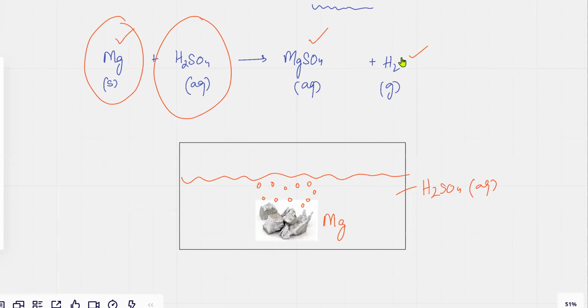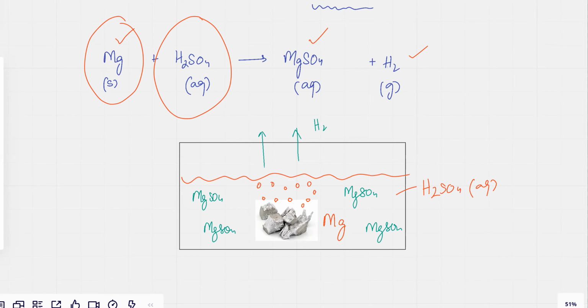The salt is soluble, so MgSO4 would be present in the solution. A lot of MgSO4 is going to be produced, and H2 gas bubbles would be formed as well. So there would be constant effervescence.